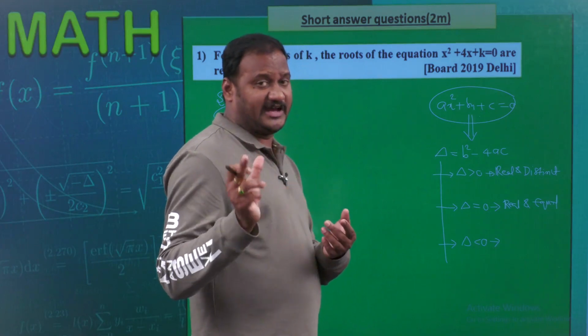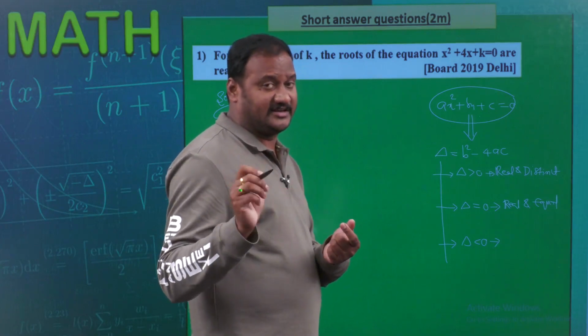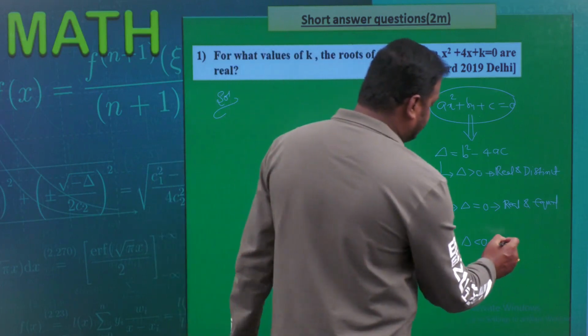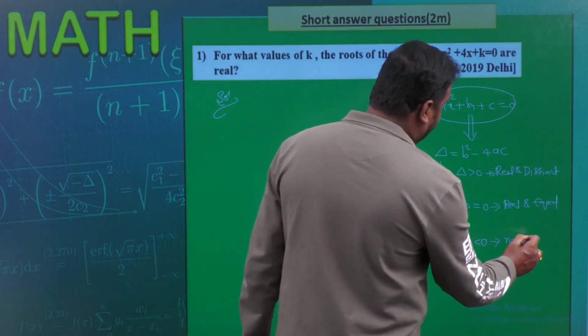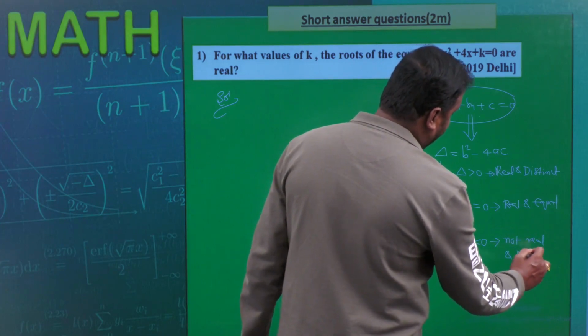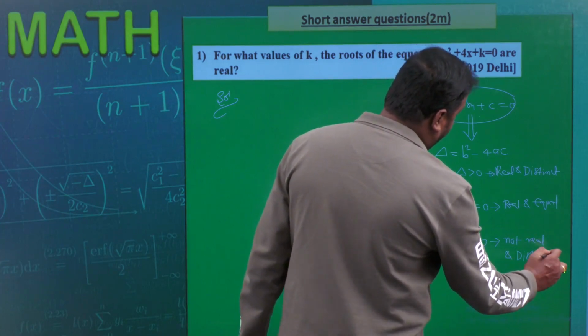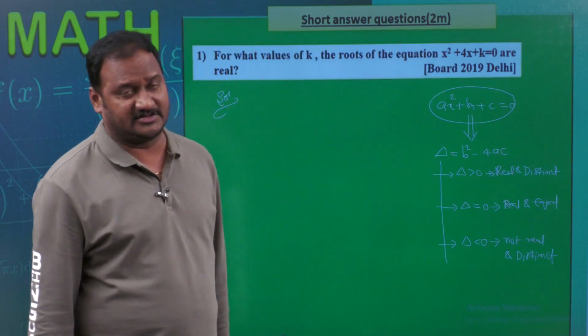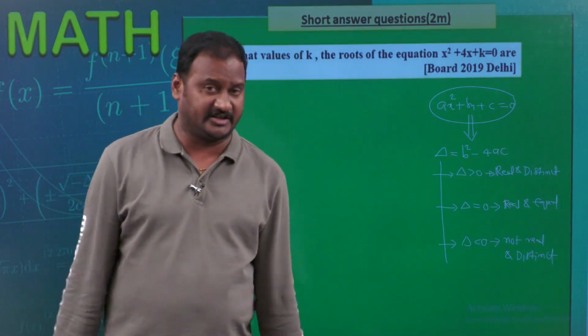If you have negative numbers inside the square root, they cannot be considered real numbers. They are called imaginary numbers. So they are not real and distinct. Distinct are nothing but different roots. So please remember the nature of the roots without actually finding the roots of the quadratic equation.